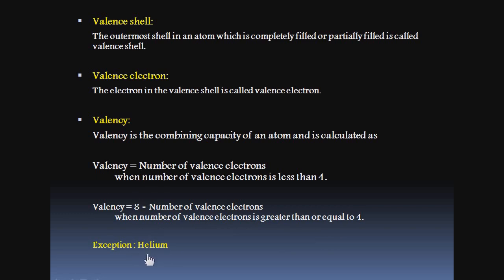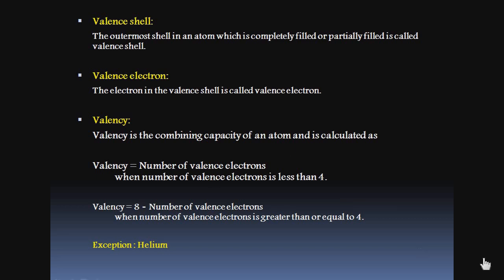For this formula, we have an exception. The exception is helium. In the formula, the number 8 represents octet configuration. That is, the number of valence electrons is 8. All those noble gases except helium have octet configuration. That is, all the noble gases except helium have 8 electrons in their outermost shell.